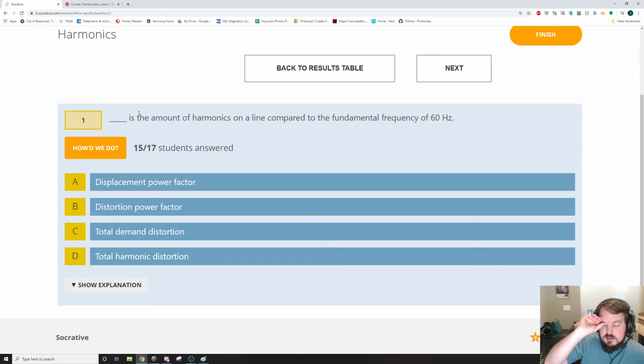All right, so we're going to go through basically some vocabulary, and I'm going to try not to get too deep into all of this. Total harmonic distortion is the word for how much harmonic distortion there is. That's pretty straightforward.